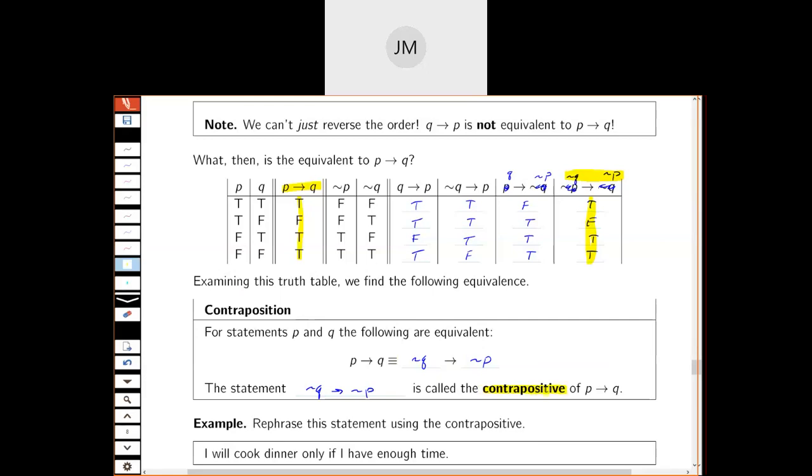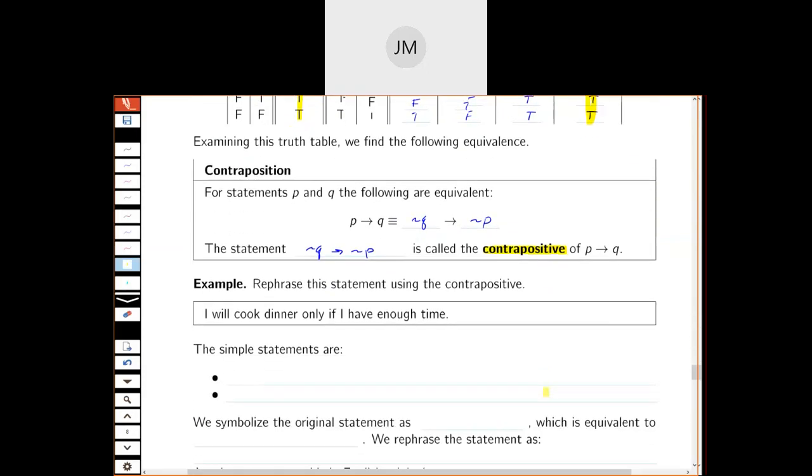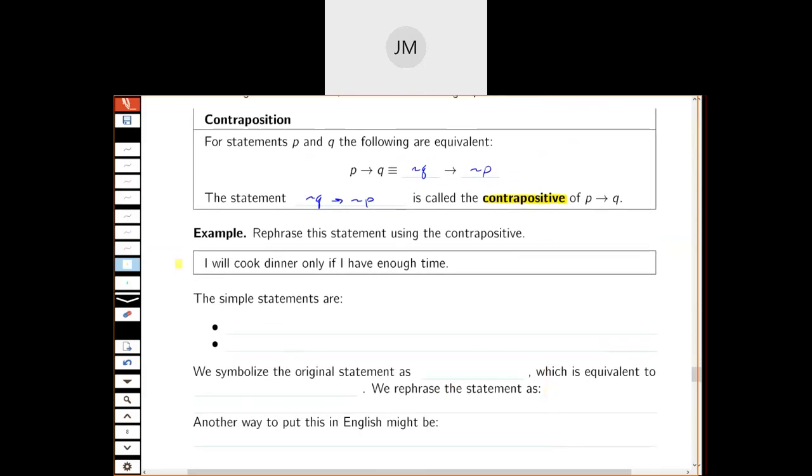All right, and remember these are equivalent. They have the exact same truth values, so the same meaning. So let's look at an example in English. So here's our statement. I will cook dinner only if I have enough time. Okay. Notice it's the same one that we used a minute ago. So my first statement, P, is I will cook dinner.